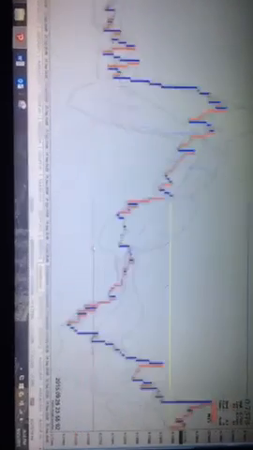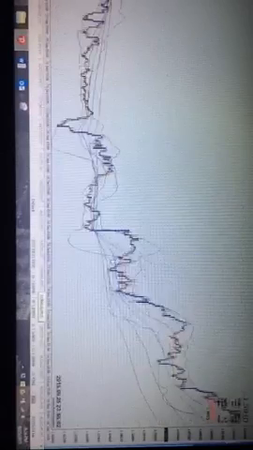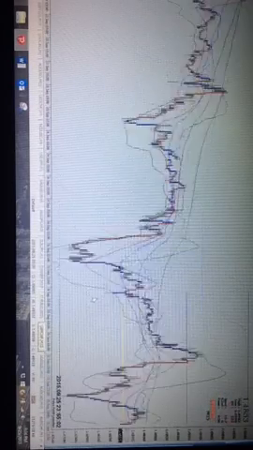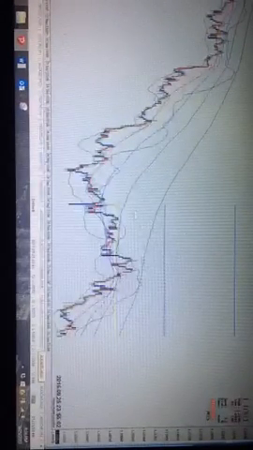Now, do you guys want to go over a short example? An example of a short. Let me look for one at least. Everything's been long lately. It's kind of crazy. Nope. Alright, here we go. Found one.